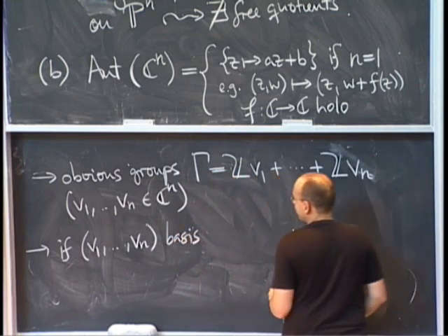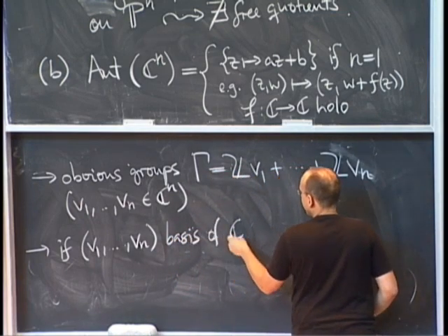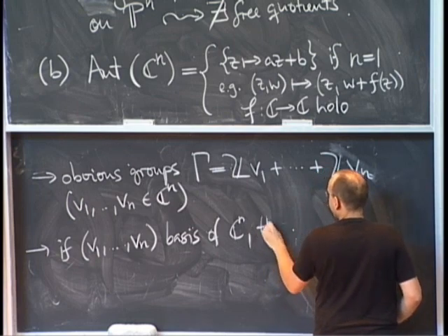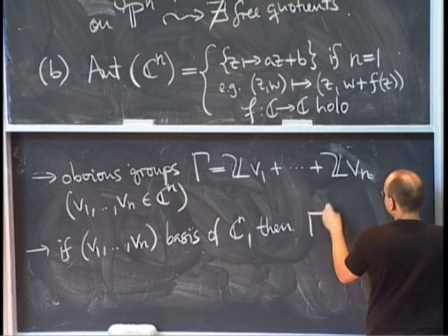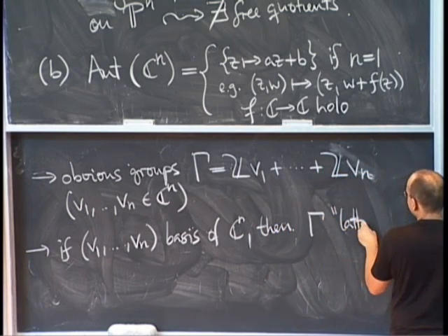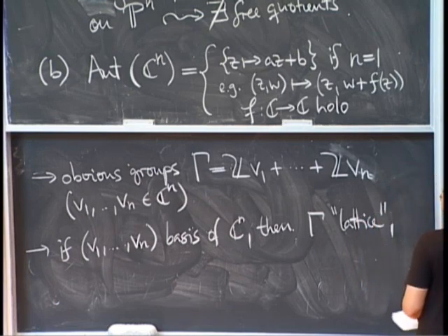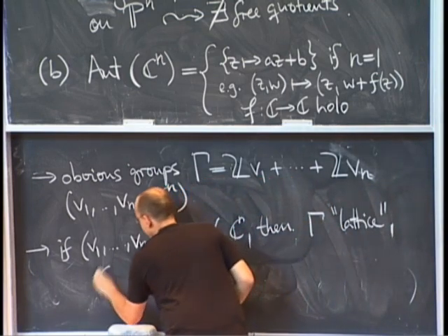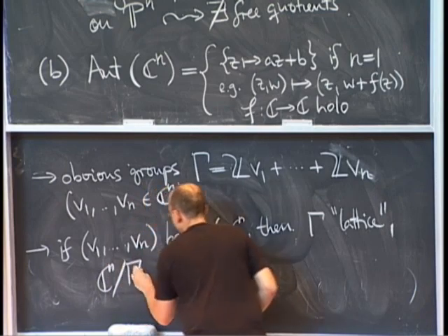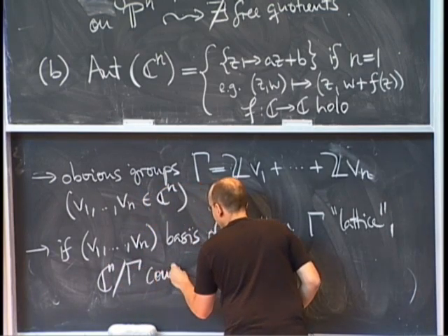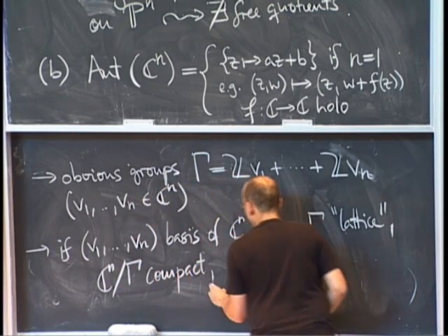So if these guys are a basis of Cn, then gamma is a lattice. Cn mod gamma is compact. We call it a complex torus.